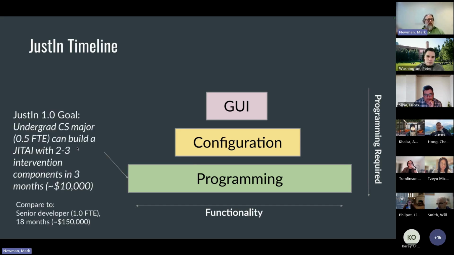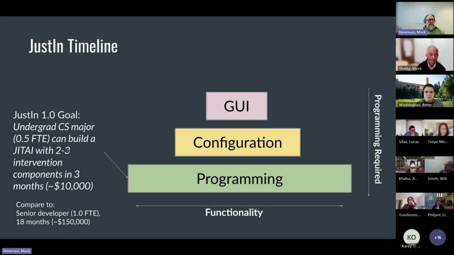Our goal for Justin 1.0 is that you, dear behavioral scientist, should be able to hire an undergrad CS major, junior or senior, and build a JITAI of moderate complexity, let's say with 2 to 3 intervention components, in 3 months. And that should set you back about $10,000. You can compare that to something like iWaves, the current state of the art, which is probably going to look more like 18 months and about 150K.